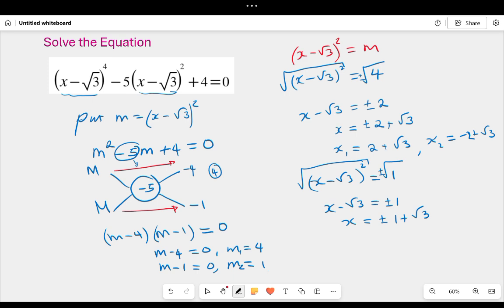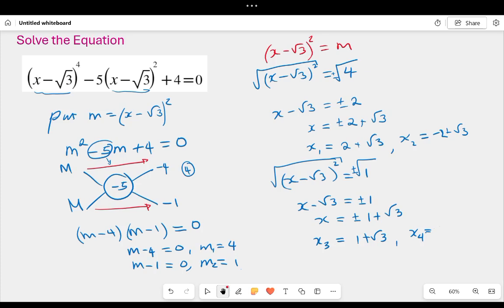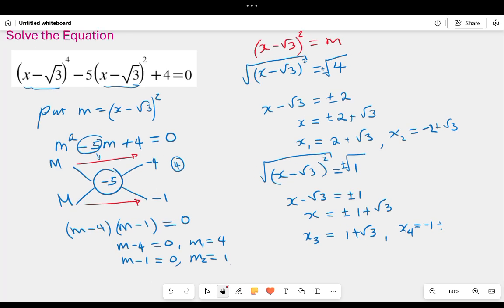All right. Then the two solutions now for x. Remember we have the first, second, now we have two more. The third solution for x is going to be 1 plus the square root of 3. And the fourth solution is going to be minus 1 plus the square root of 3.